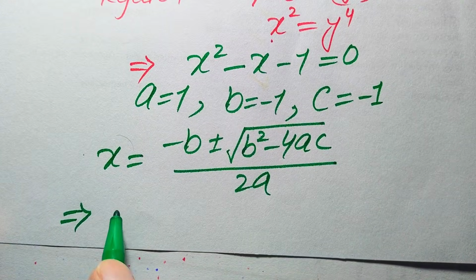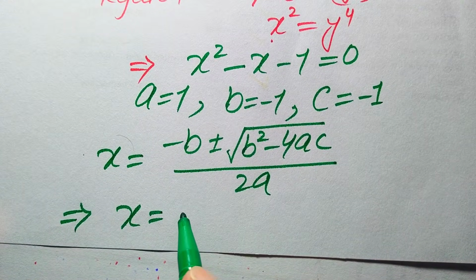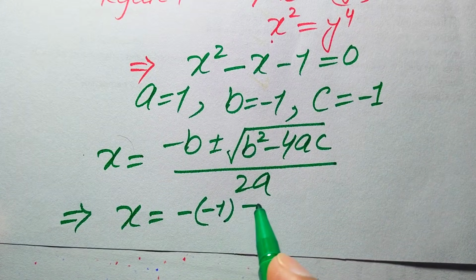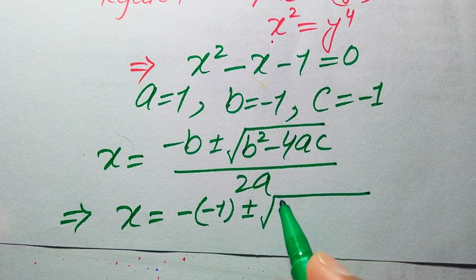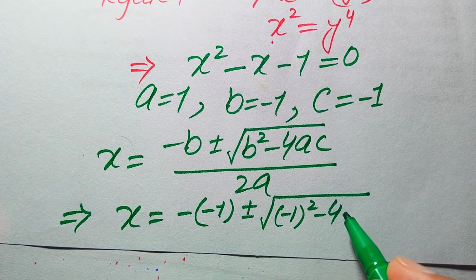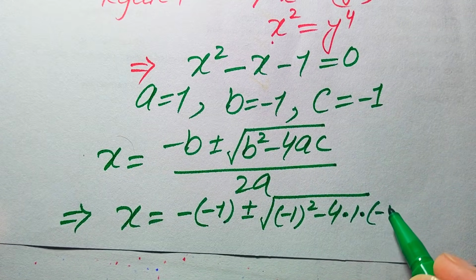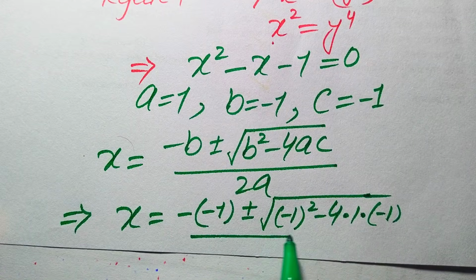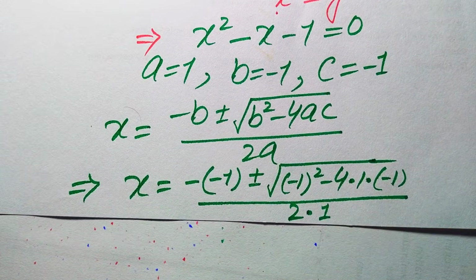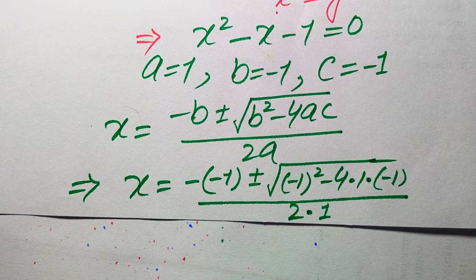Now we substitute the values of a, b, and c here, and we get minus b, where the value of b is minus 1, plus or minus square root of b squared, which is minus 1 squared, minus 4 times a, which is 1, times c, which is minus 1, divided by 2 times a, and here our a is equal to 1.